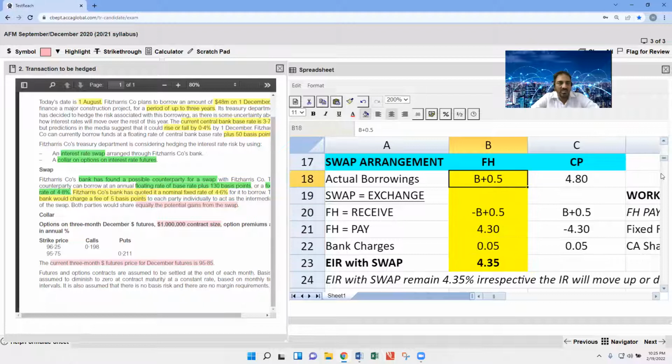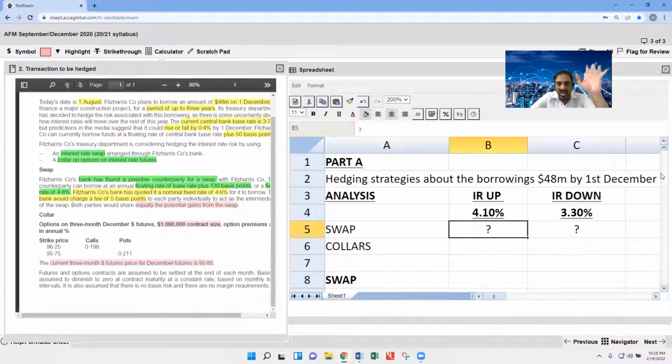If the interest rate 3.3 plus 0.5, whatever the answer, cancel here. And then the final answer remains same. This is the long-term forward contract. No need to put up the things. Only show the swap arrangement. And what you will say, in any of the case, the answer will be 4.35%.